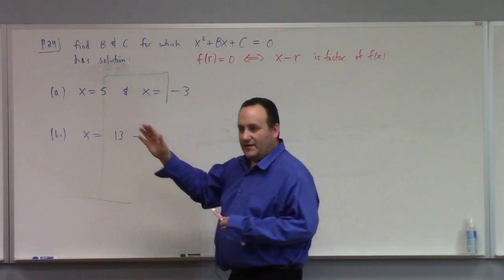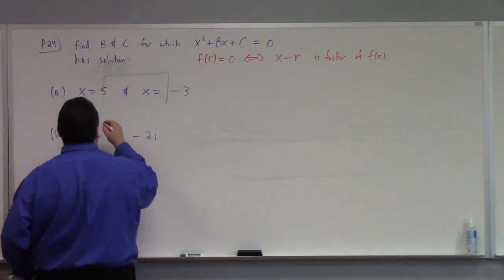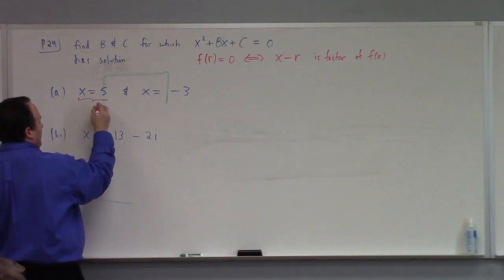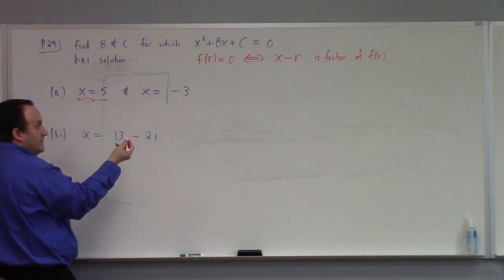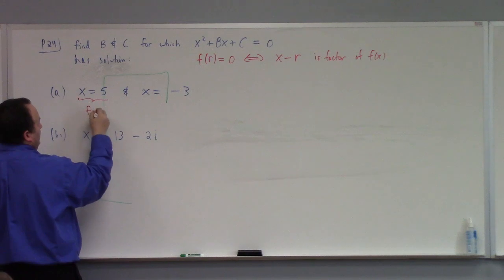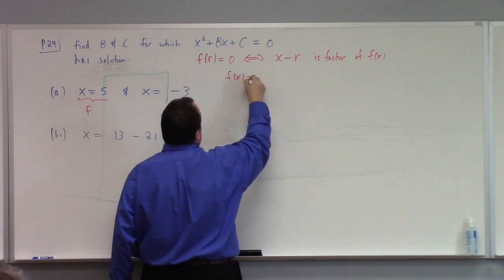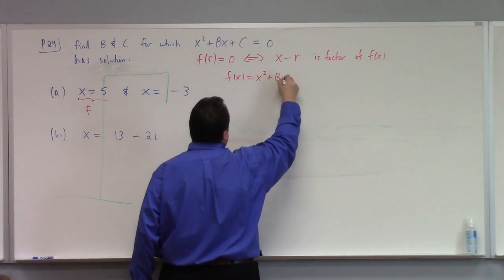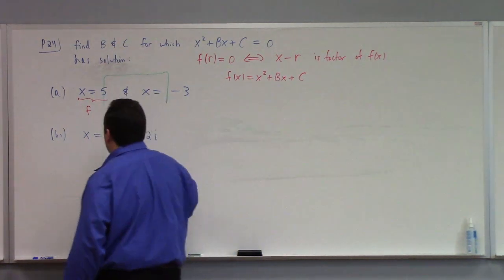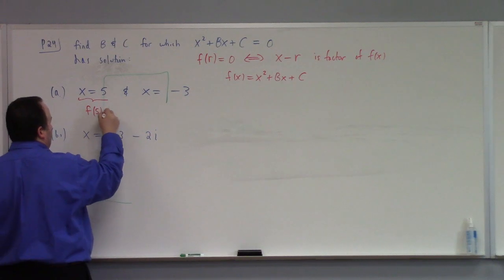So if I have x equals 5, think about f of x equals x squared plus bx plus c. So this says f of 5 equals 0.